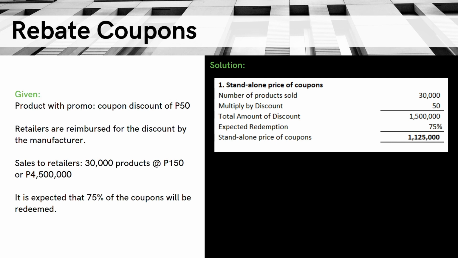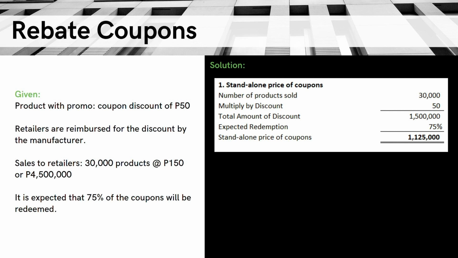Number of products sold, 30,000 times what is the discount? The discount given is 50. So 30,000 times 50, just multiply directly, that's 1,500,000. And then what is your expected redemption rate, it's 75%. So 75% times 1,500,000, that is a total of 1,125,000. So again, this is just the standalone price, which is used to compute the factor only.